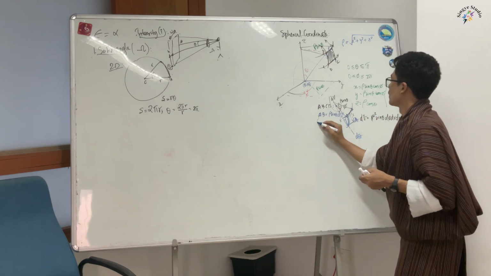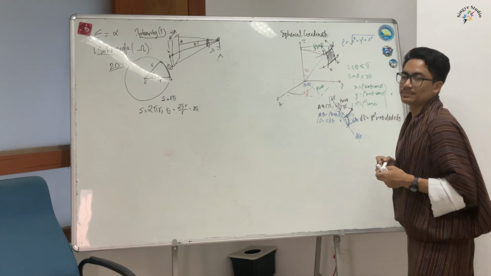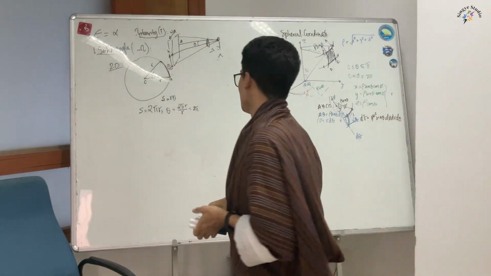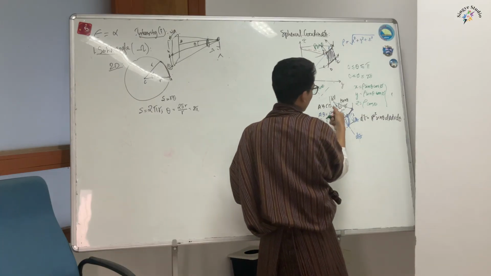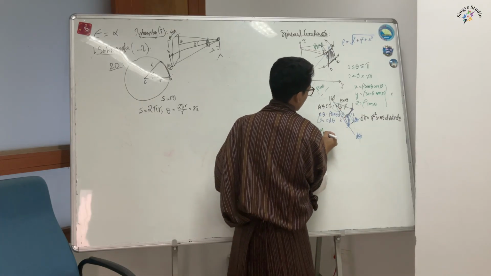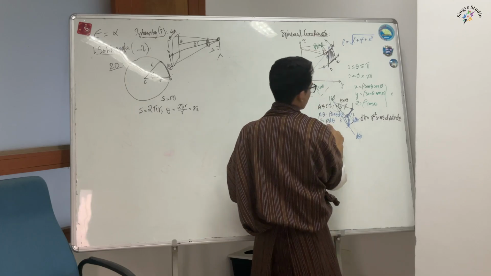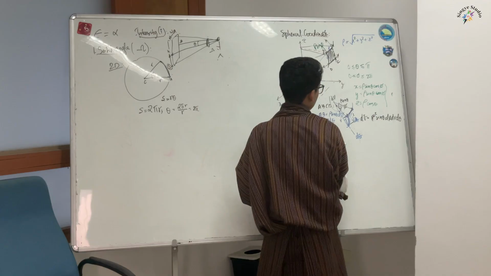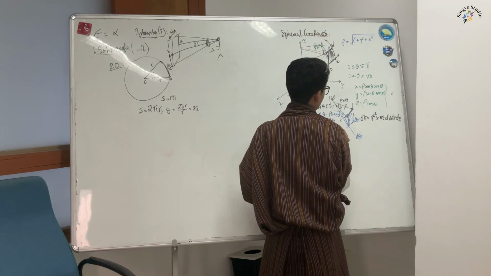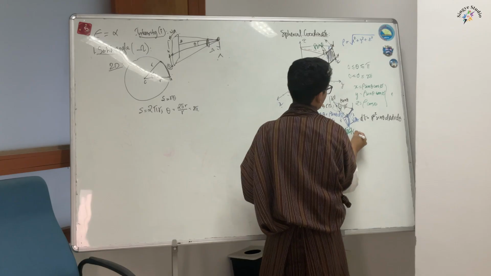Therefore, our CD equals rho d theta. Therefore, the area now is what? Our area ABCD, which is the elementary area, equals rho squared sine theta d phi d theta.